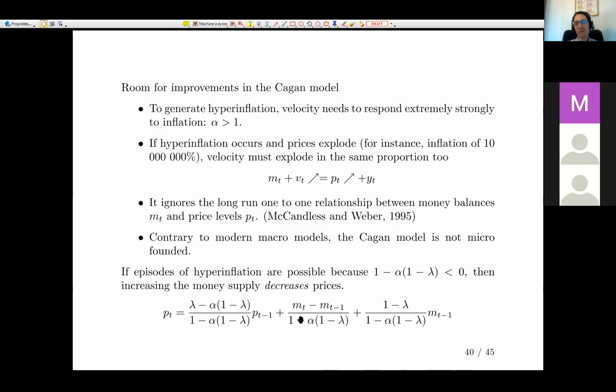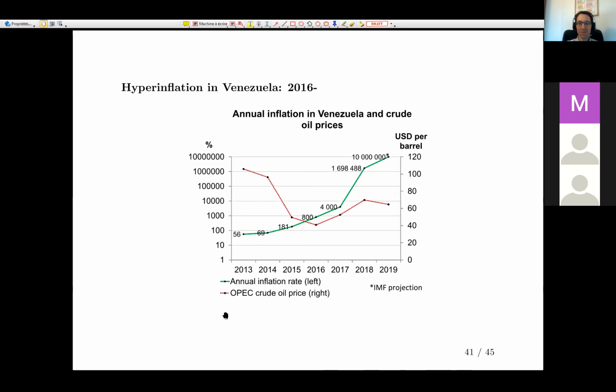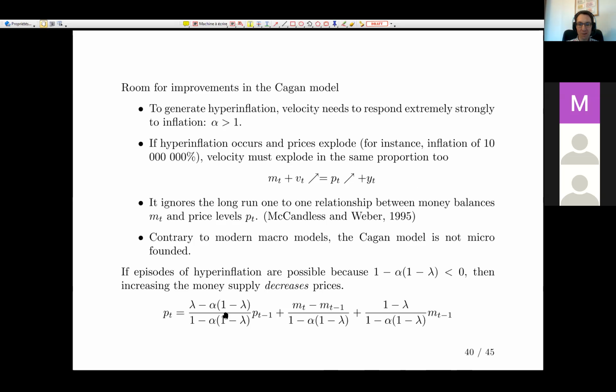What this means is if I increase money supply today and this is negative, then it would decrease prices, which would be very strange. So don't lose too much sleep on it. That's my lesson. Yeah, this I already said.